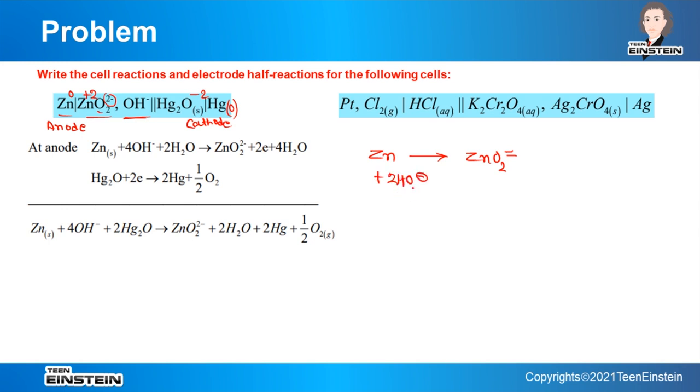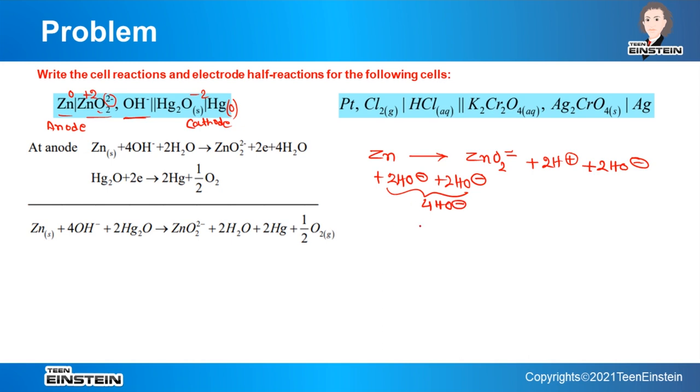Now when we are adding 2 HO minus, we also have to add 2 H plus in the right hand side. Now we cannot write H plus because it is not in acidic medium. So to balance this H plus, we will add 2 HO minus to both sides. That means it will be 4 HO minus.